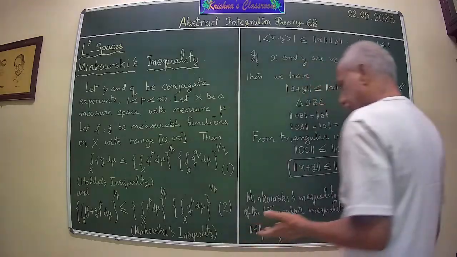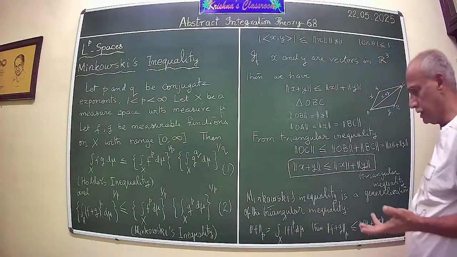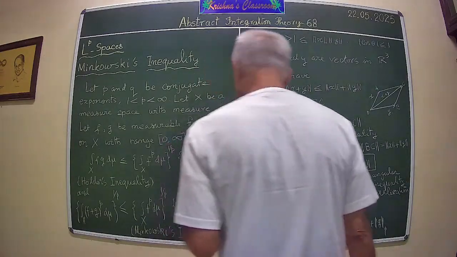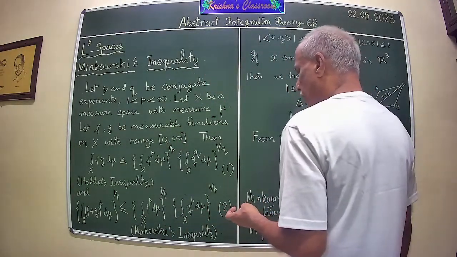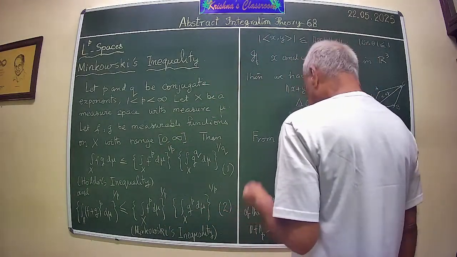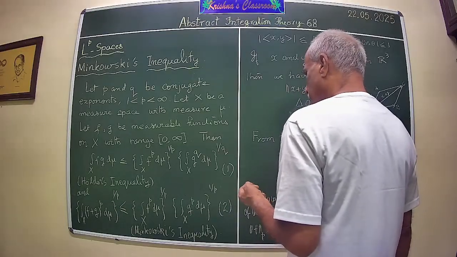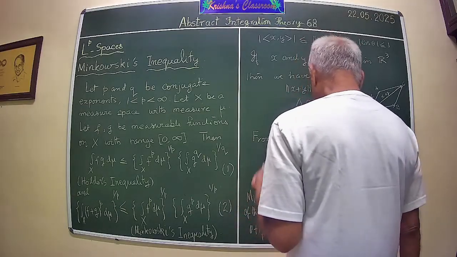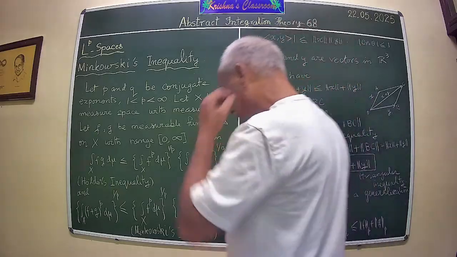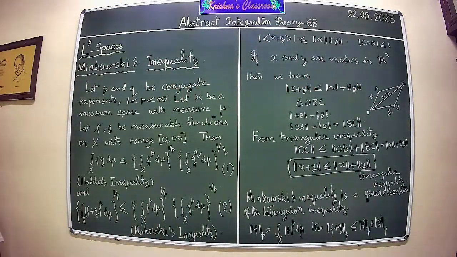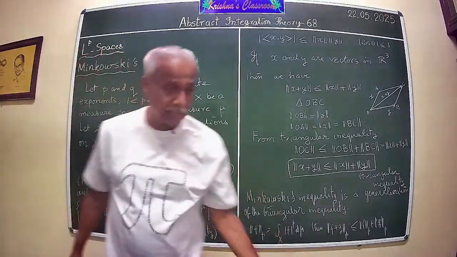Now if f and g are measurable functions, then f plus g is a measurable function, and mod f and mod g are measurable functions.